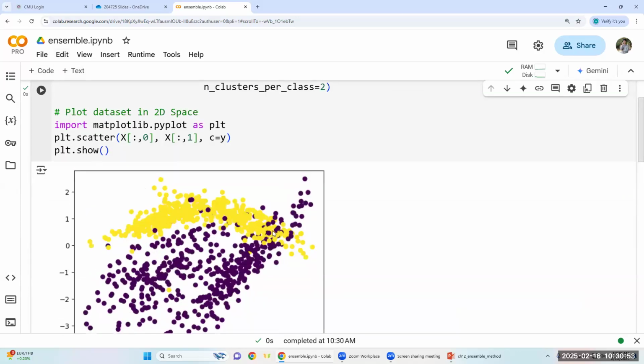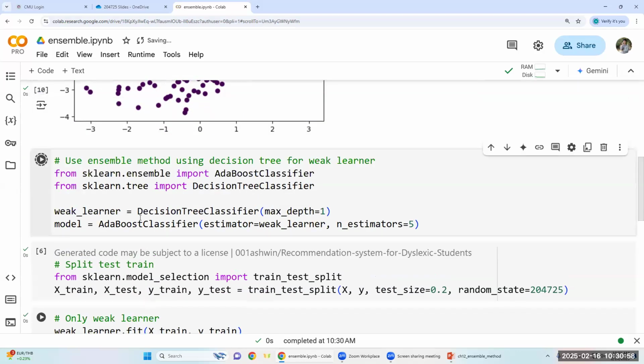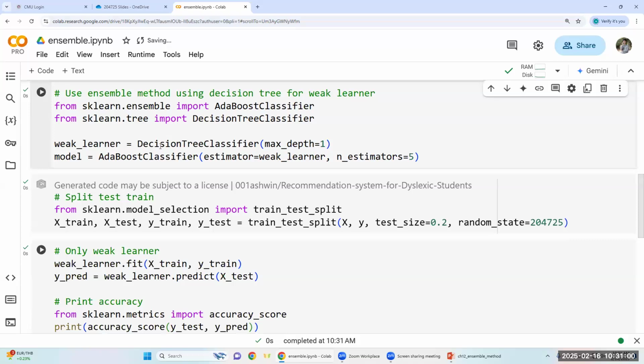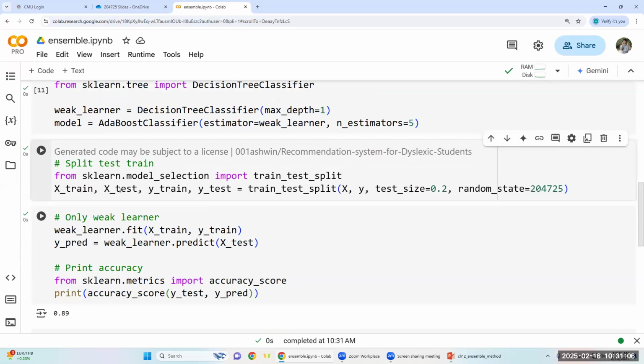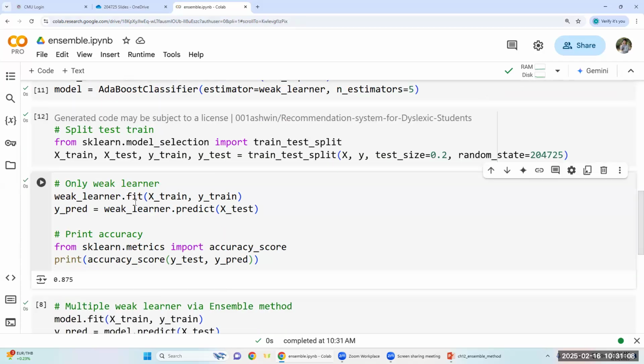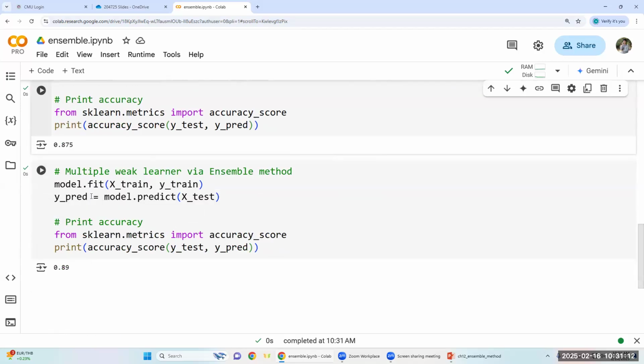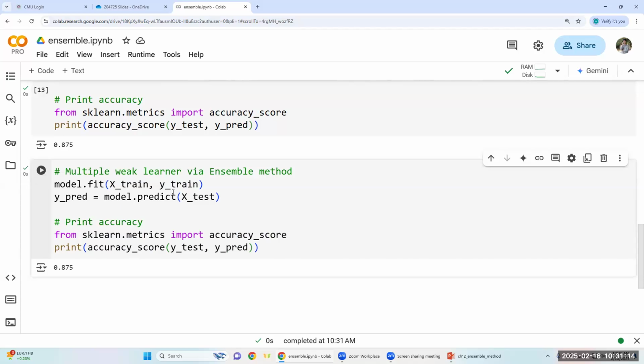So maybe this one may be more challenging. We create the weak learner and also the example. We split the test and train. For the weak learner, we get 0.875. And for the ensemble method, we also get the same.